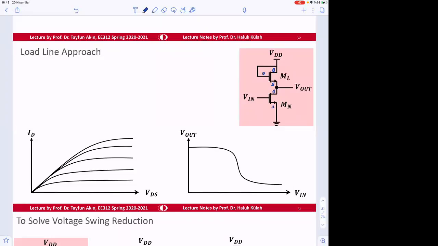For ML transistor, again, we'll be assuming that these are connected like this. So for ML, what is the voltage-current equation?